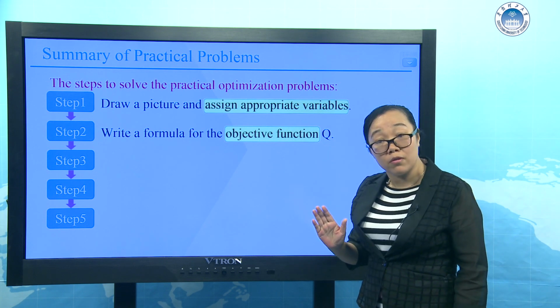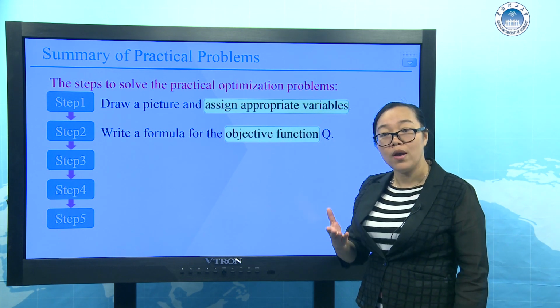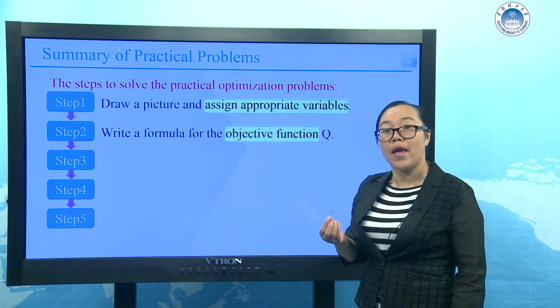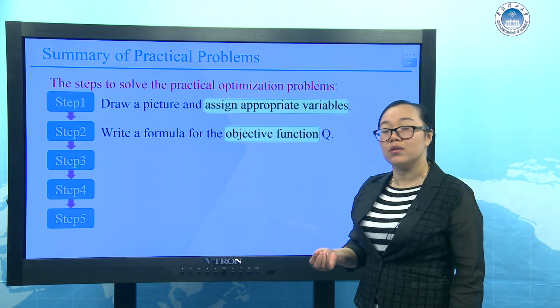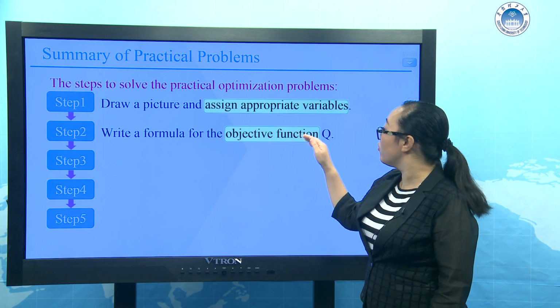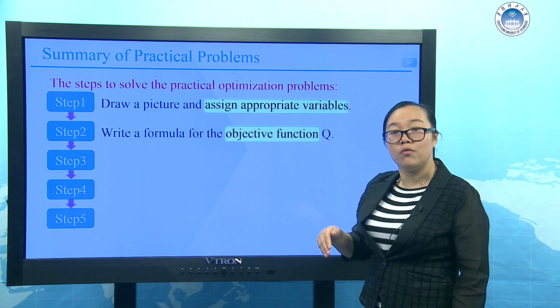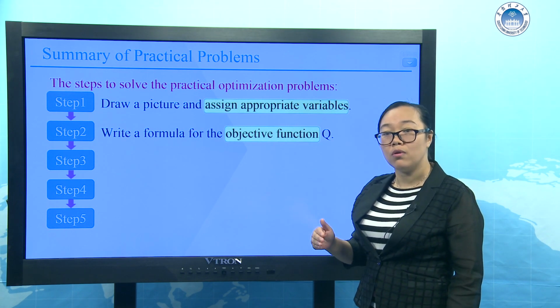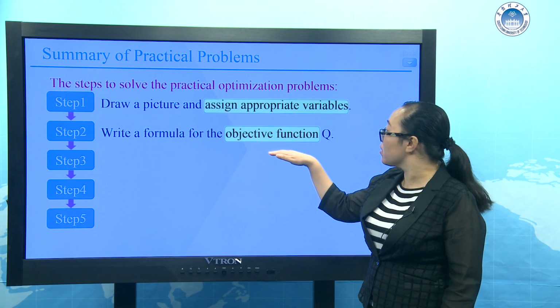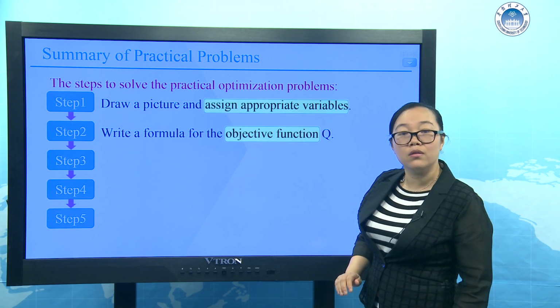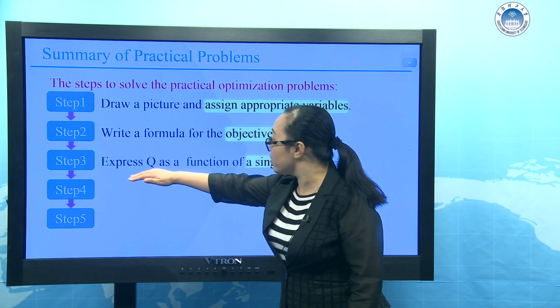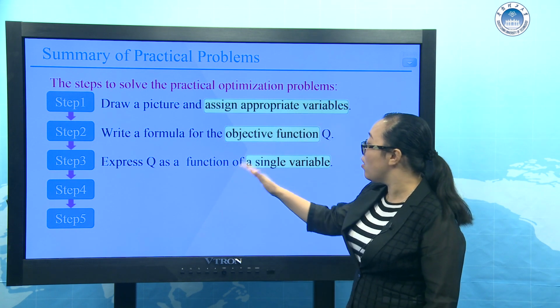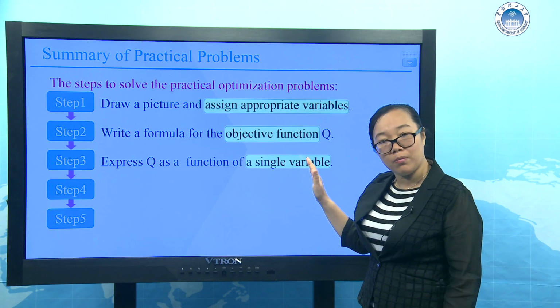What is the objective function? Yes, if you find the maximum area, area is our objective function. For the minimum volume, volume is our objective function. And then try to express Q as a function of a single variable.